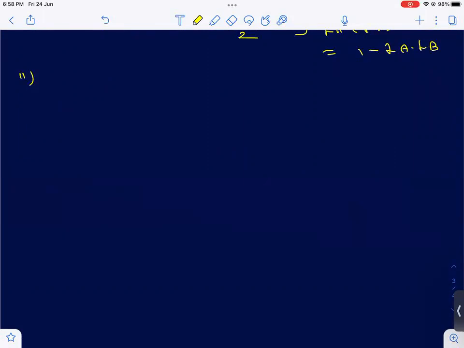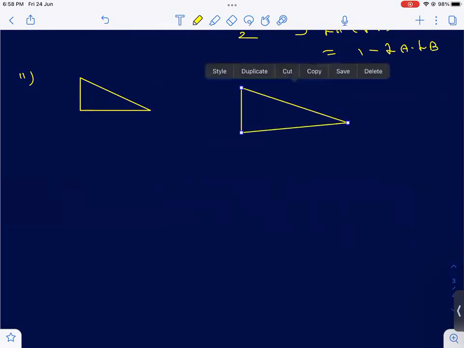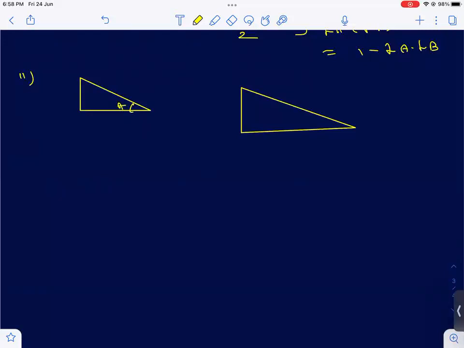Next, sum number 11. Sin A is given, sin B is given, then find cos A plus B. This is easy. Drawing the triangles for A and B, we can get the values.